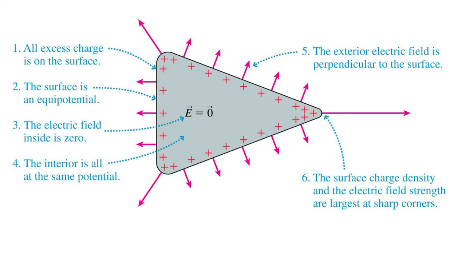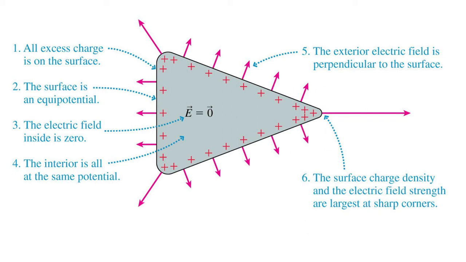We've seen this figure before, but just to sum it up and add everything in here, for an arbitrary conductor, all excess charge lives on the surfaces. That surface is an equipotential. In fact, the whole region is an equipotential. The electric field inside is zero. The interior is all at the same potential. The external electric field ends up having to be perpendicular to the surface, and the surface charge density and electric field strengths are largest near sharp corners.